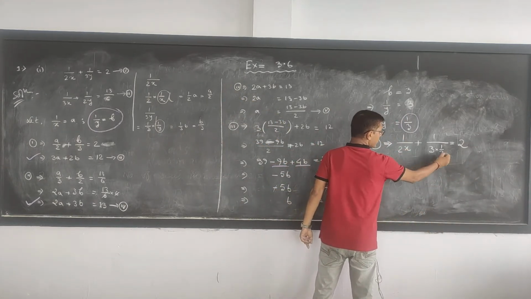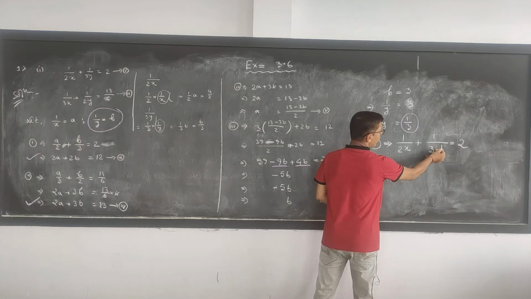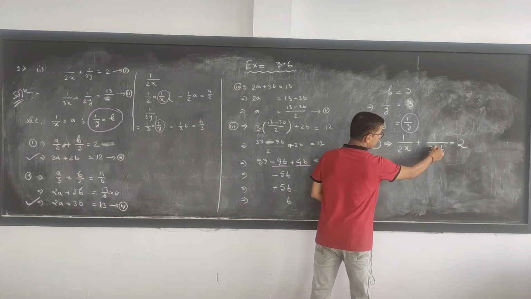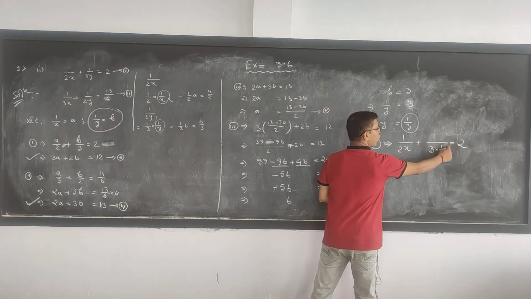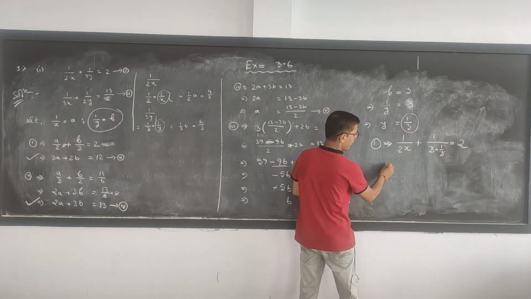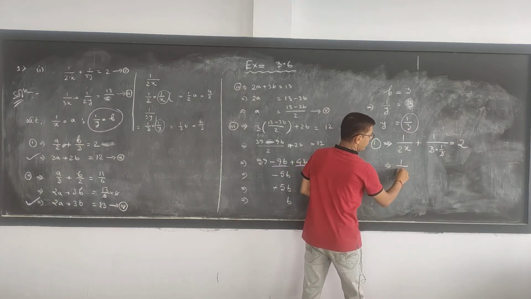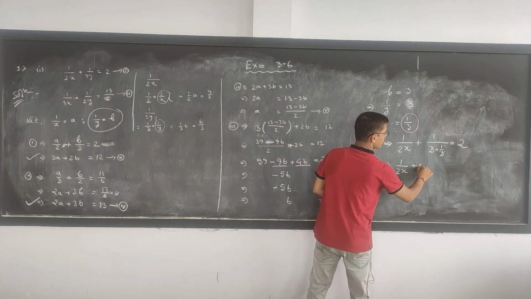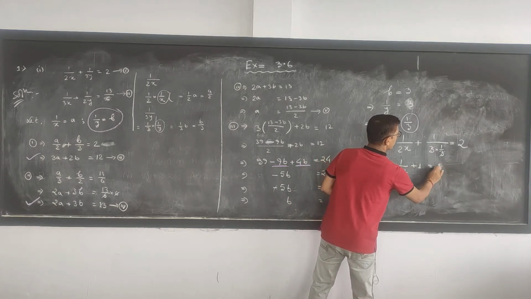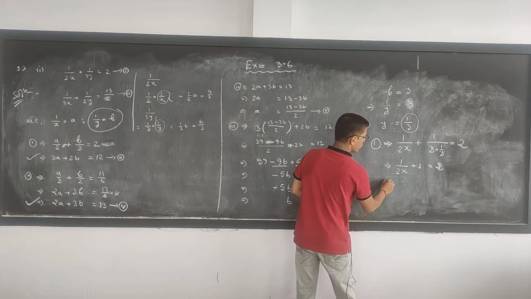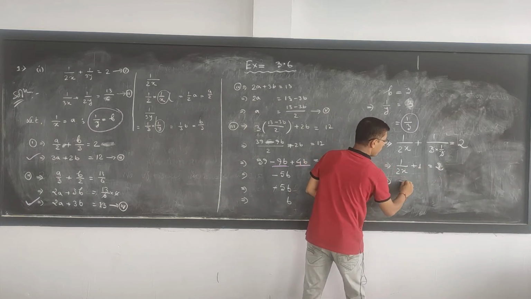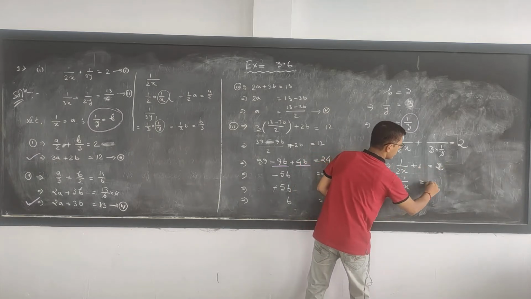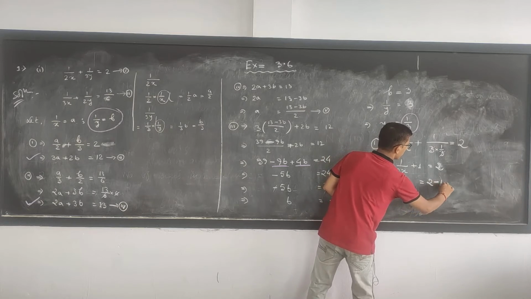Look, as soon as I write here, instead of y I am writing 1 by 3. This 3 cancelled. Ultimately this whole becomes 1 and we have now 1 by twice x plus 1 is equals to 2. Let us take this 1 that side. 1 by twice x is equals to 2 minus 1, that is 1.